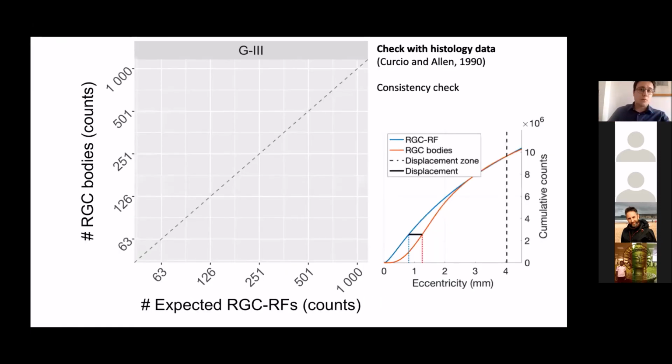So we can easily check which one is the correct one. Because we know that within the same area on the retina, we should expect the same number of ganglion cell receptive fields and the same number of ganglion cell bodies.